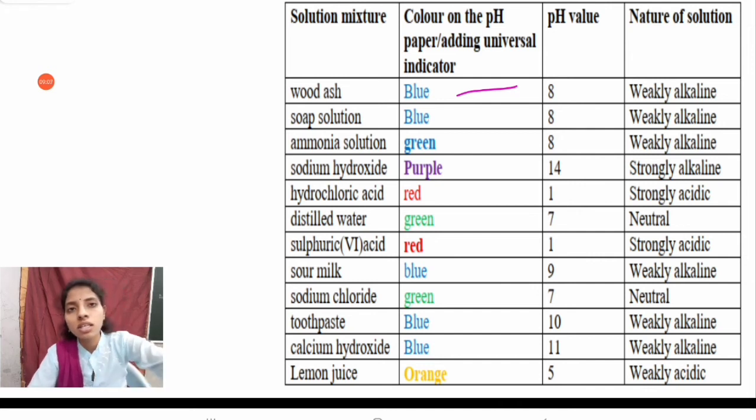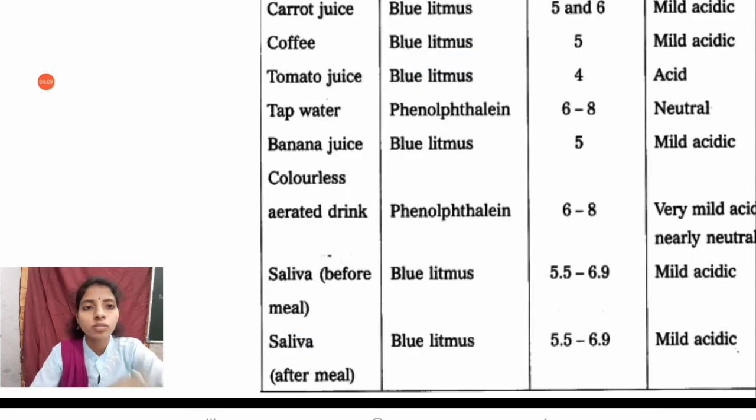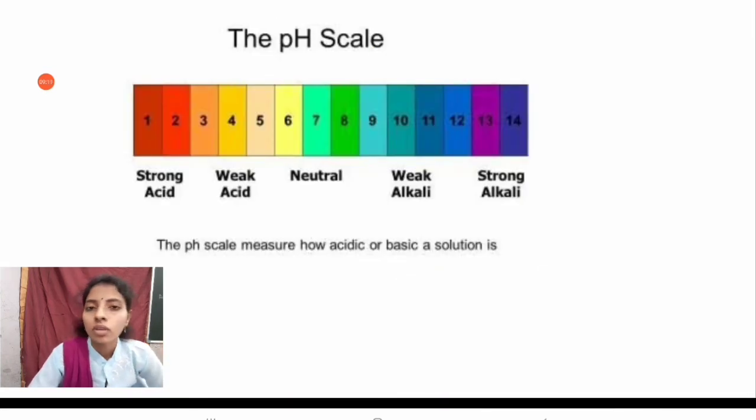And here see in this before picture, strong acid, weak alkali, strong alkali we saw, right. So, see the colors here: the strong acids are in red color, and when it becomes weak the color changes into yellow, right.